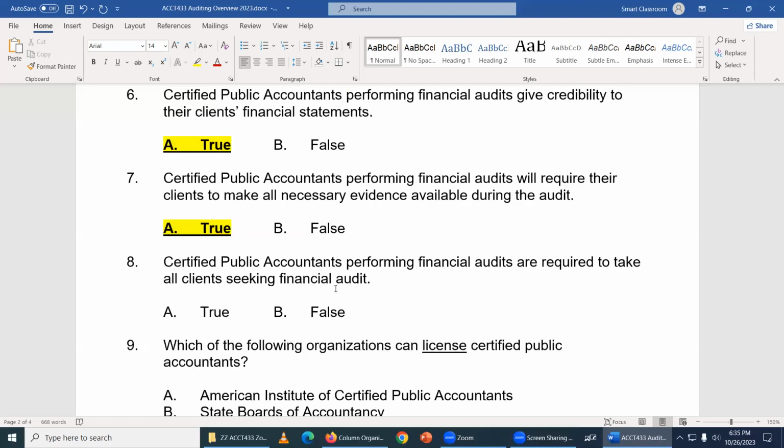If you think about it, there will be clients that you're not independent of, so you can't take them. You don't take everybody, and you are selective about it. The CPA firm is very much into the integrity of the client, which is the most important thing, according to the ACCT433.